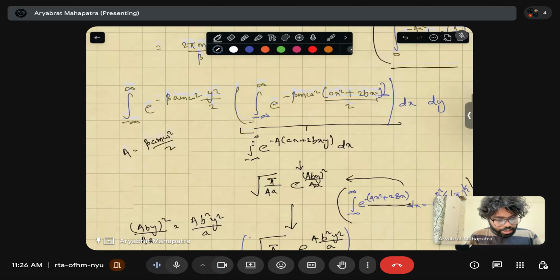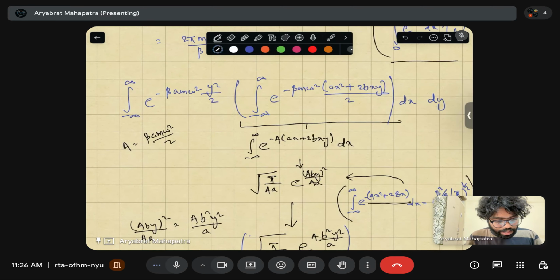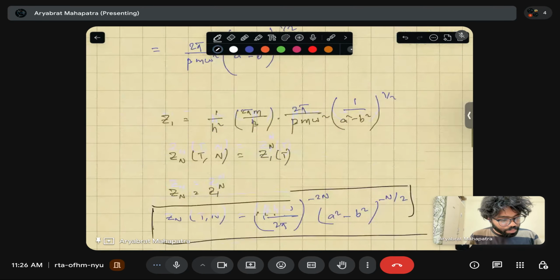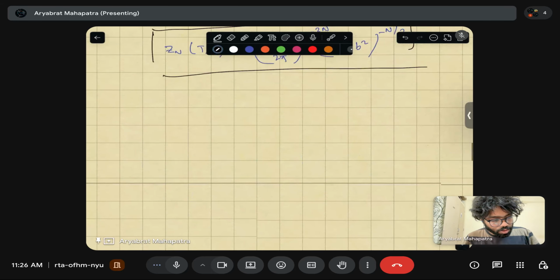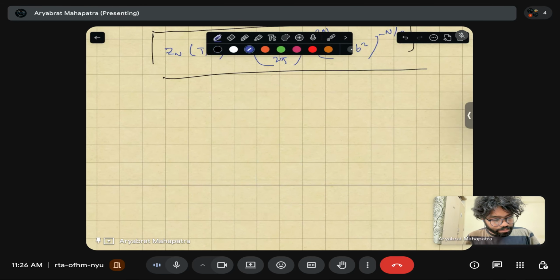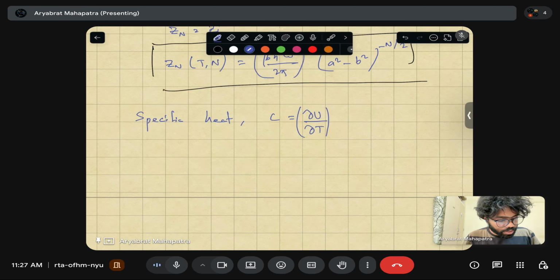For the specific heat, if you remember, C by definition is given as del U over del T at constant N. So for that, first we need to have the internal energy.